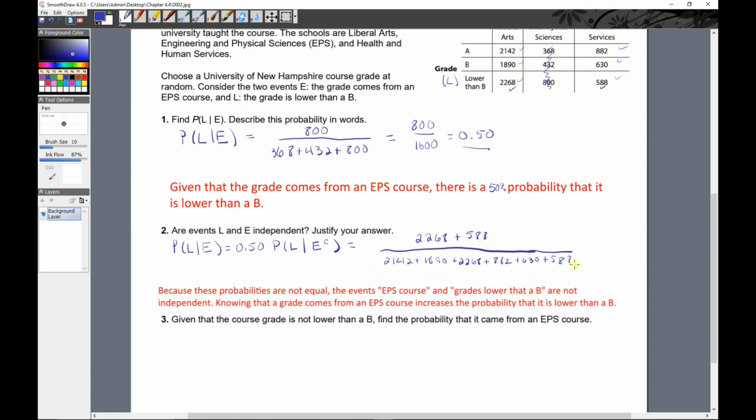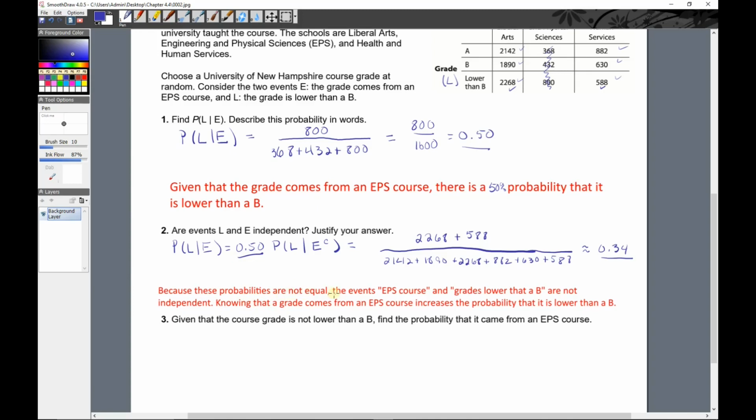These are the total in the denominator of all the schools that are not EPS, and out of that, these two represent the successes, which are grades lower than a B. And we'll just go straight to the decimal equivalent, 0.34. Do you notice how that and this are different?